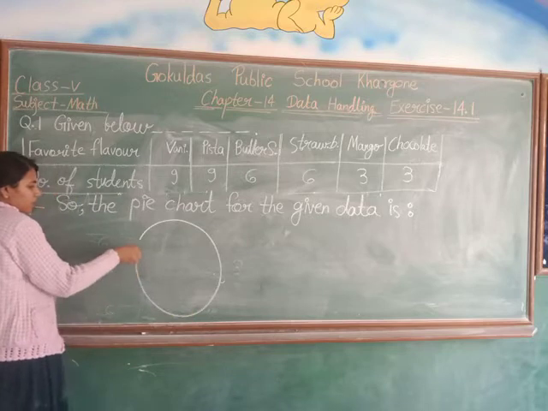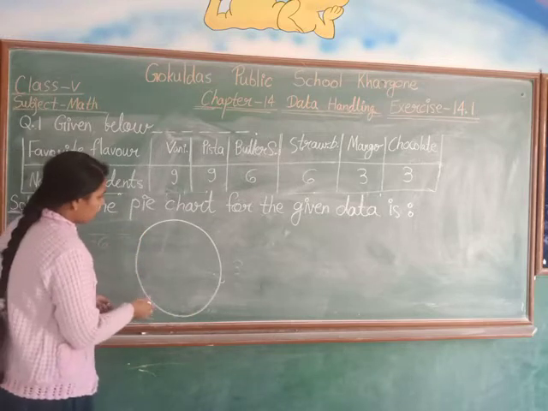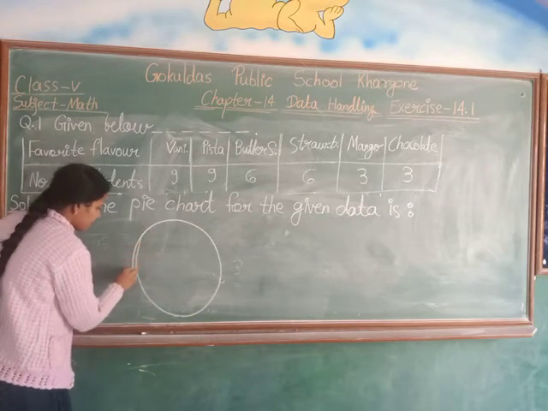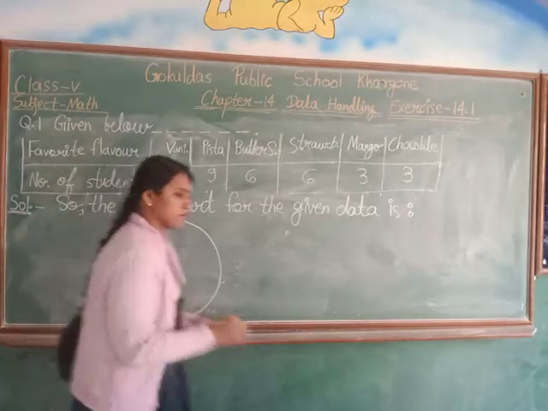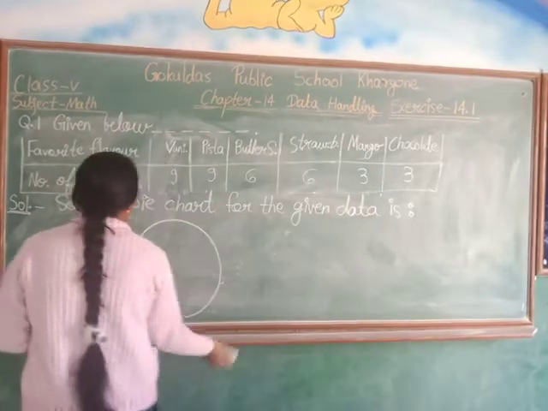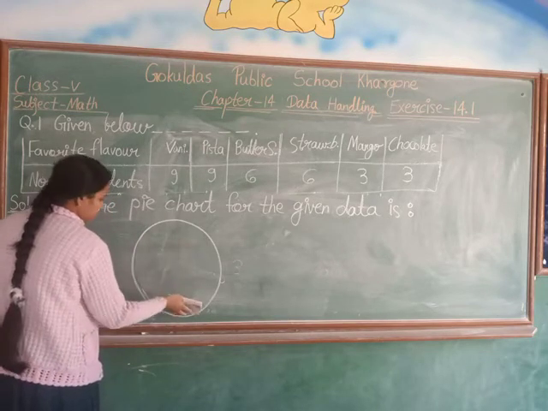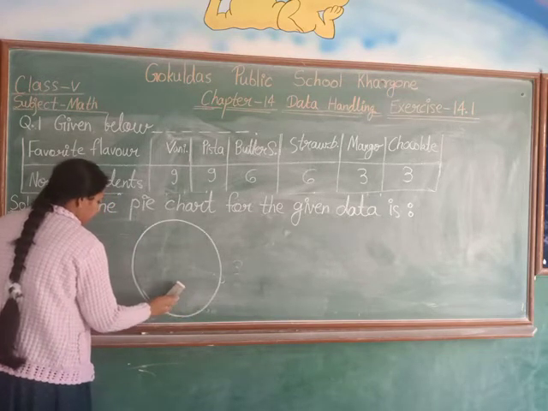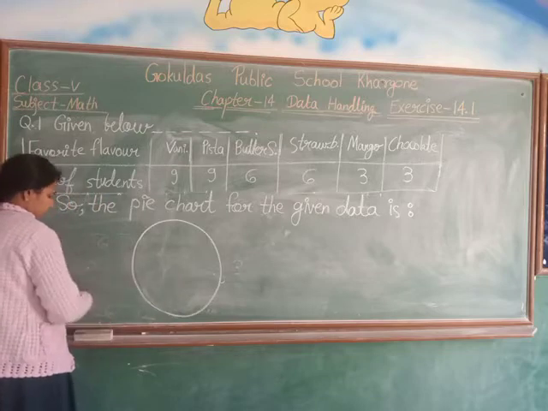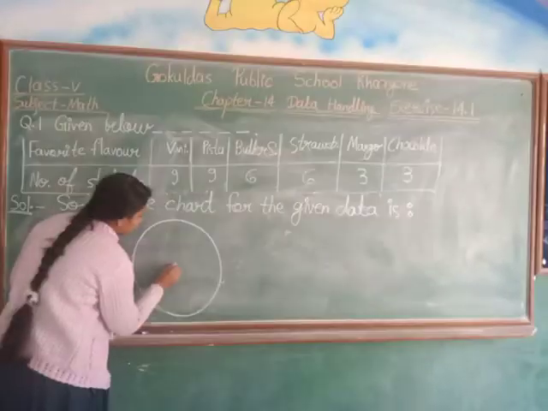With the help of a protractor, draw a proper circle. Don't draw the circle by running your hand. Draw the circle properly. Mark the center point.